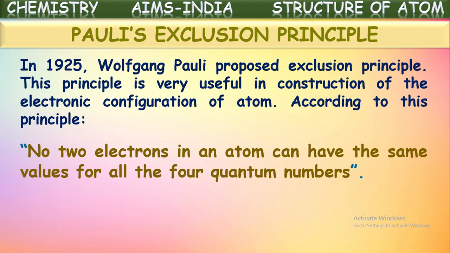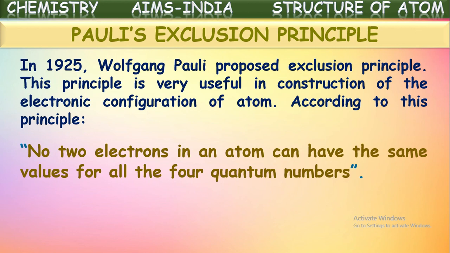So this third principle guides us on how electrons are occupying, how electrons have their spin, and how many electrons can be accommodated in each orbital. The first principle guides us on how the subshells are occupied by electrons. The second principle, Hund's rule, guides us on how the orbitals present in a subshell are occupied by electrons.